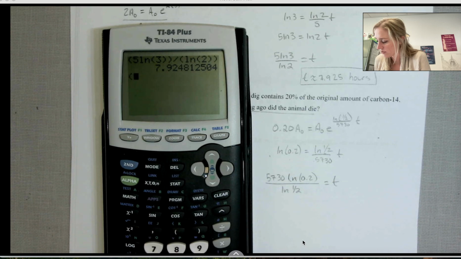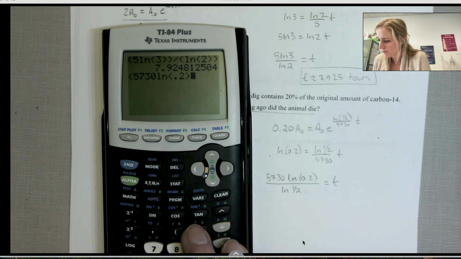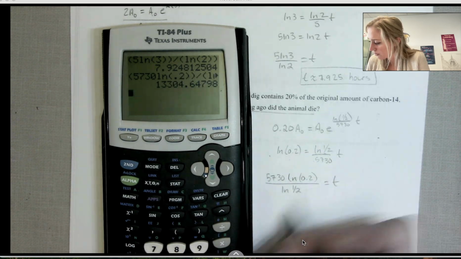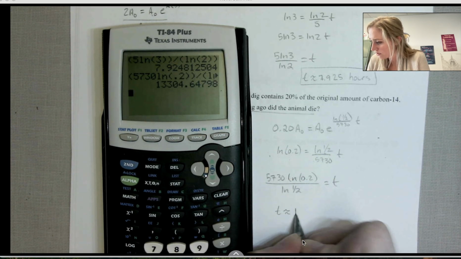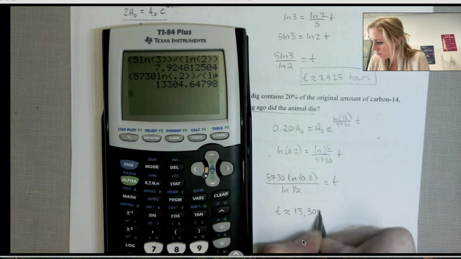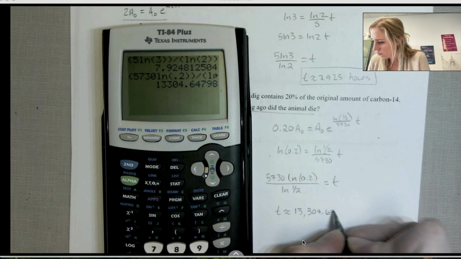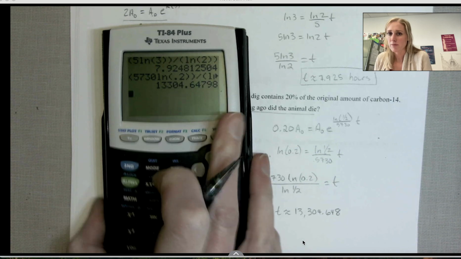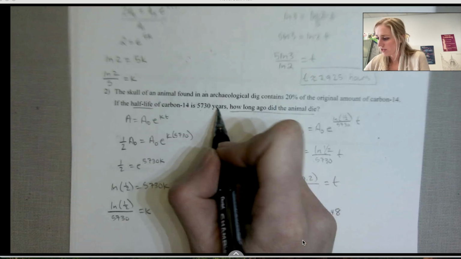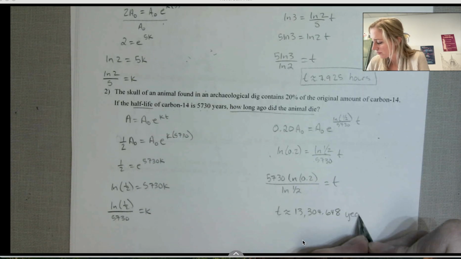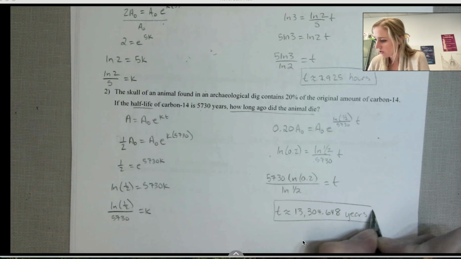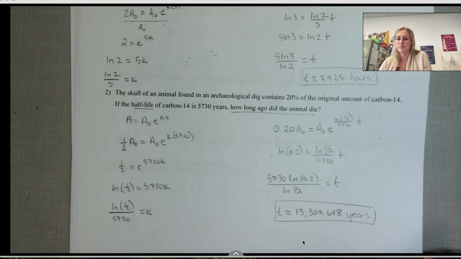So we've got 5730 times natural log of 0.2 divided by natural log of 0.5. Okay, so we get our time is approximately 13,304.648. And our time unit in this case is years. So that is approximately how long ago this animal died.